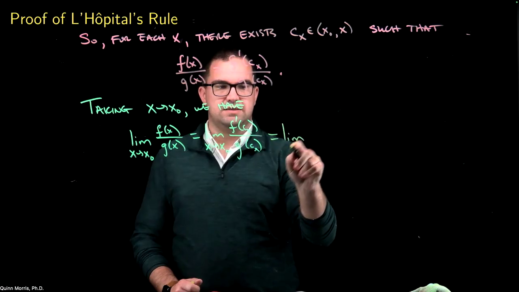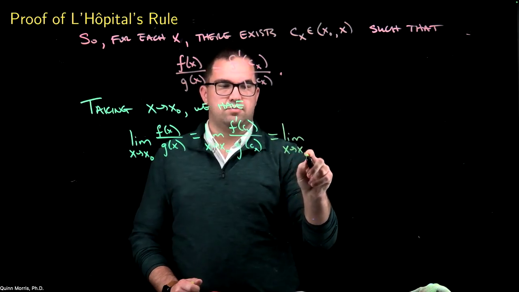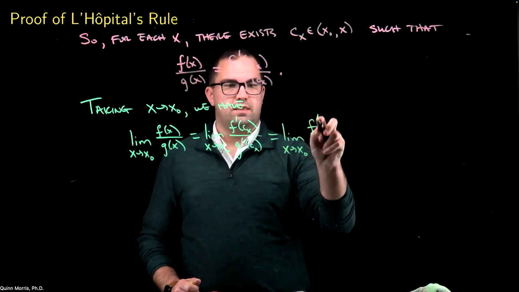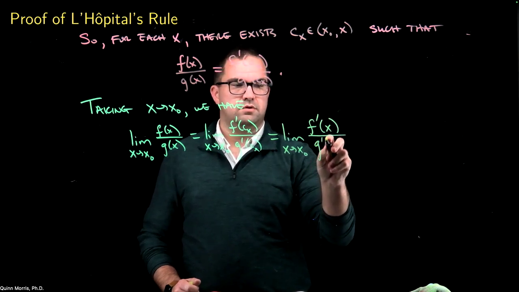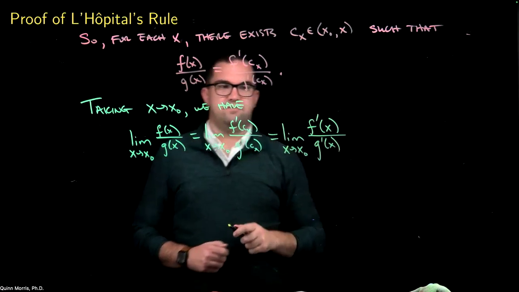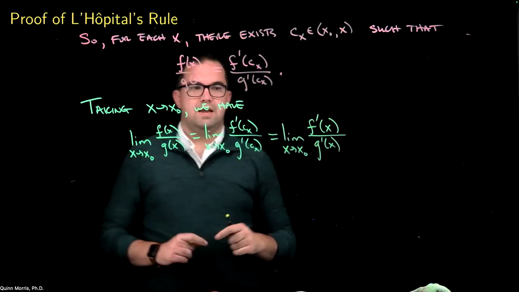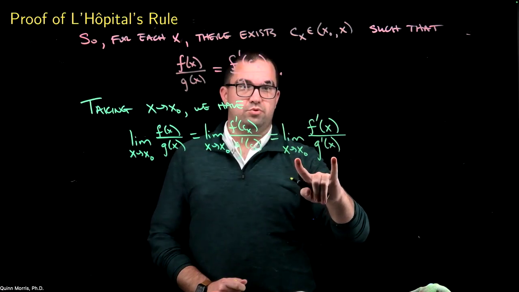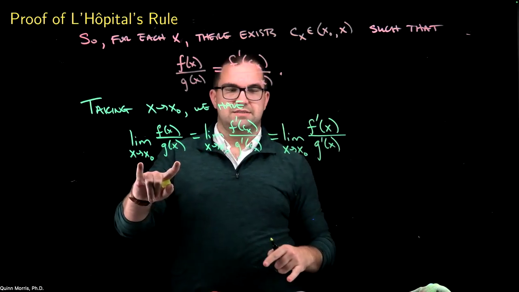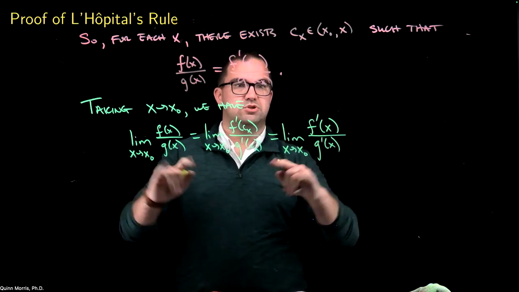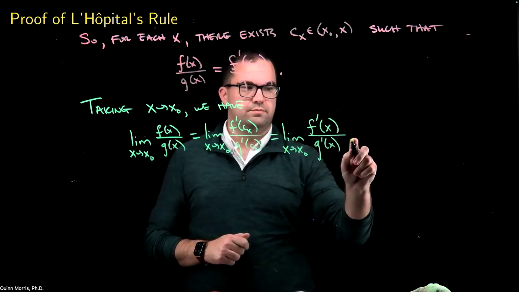So this is the same as the limit as x approaches x naught of f prime of x over g prime of x. Now notice, our assumption is that this exists. So this must also exist and be equal to this value, which is what we wanted for L'Hopital's rule.